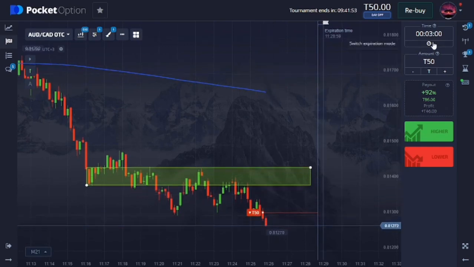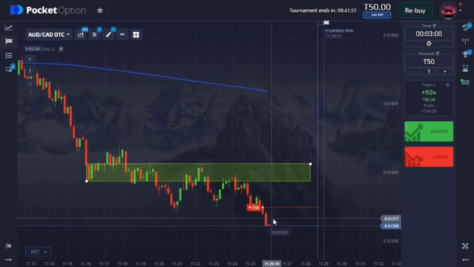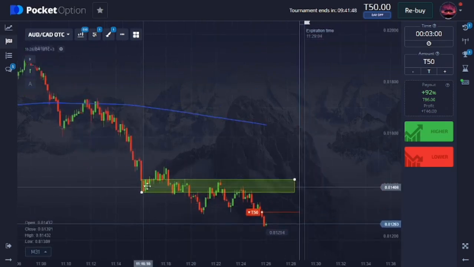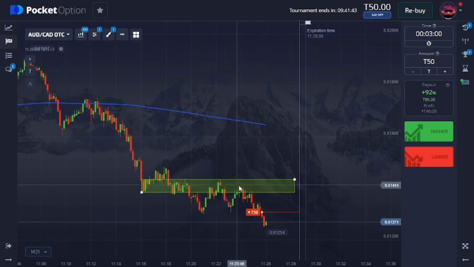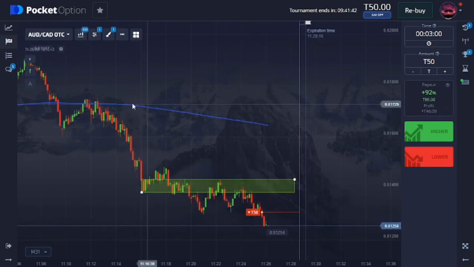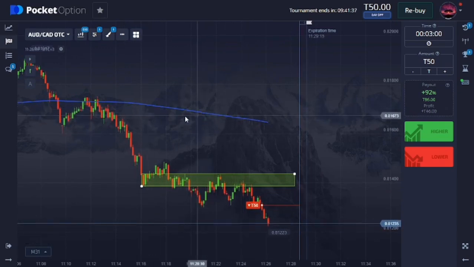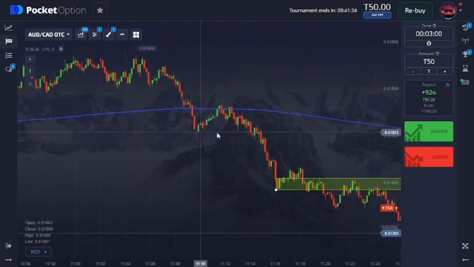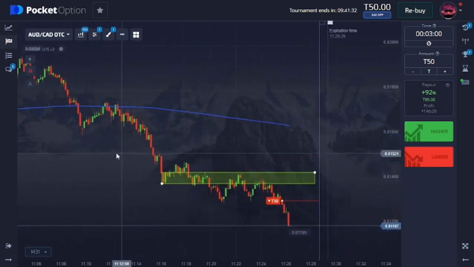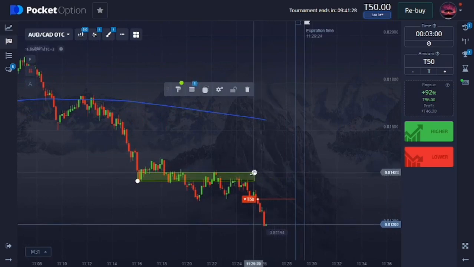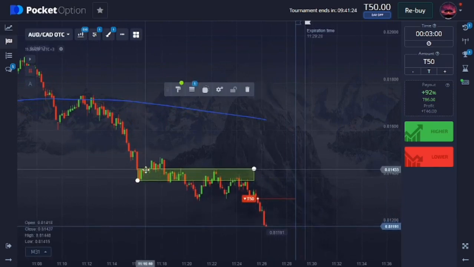I will enter another position because, as I have told you, this is a break and retest area. This is a resistance area. And we have another confluence that we are moving down, we are below the moving average. So the bears are strong now. The bears are in control, if you want to think of it that way.